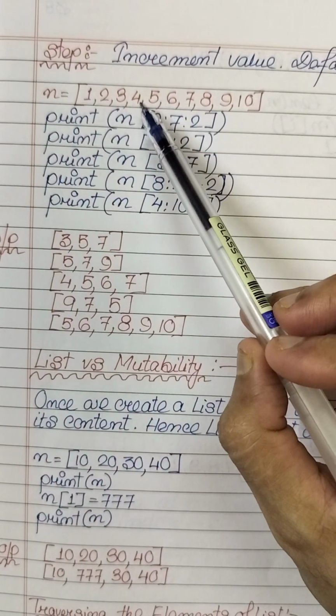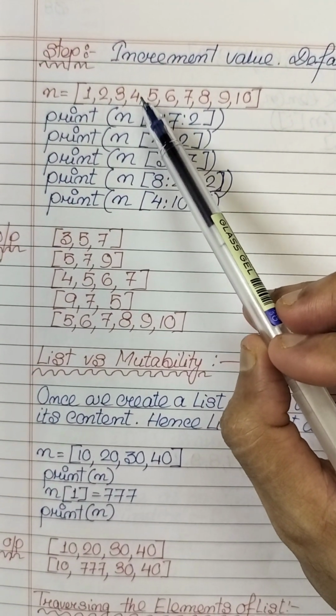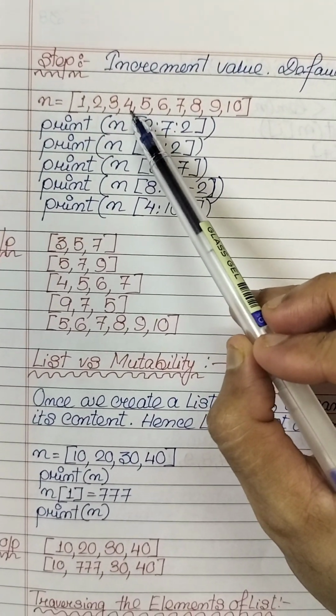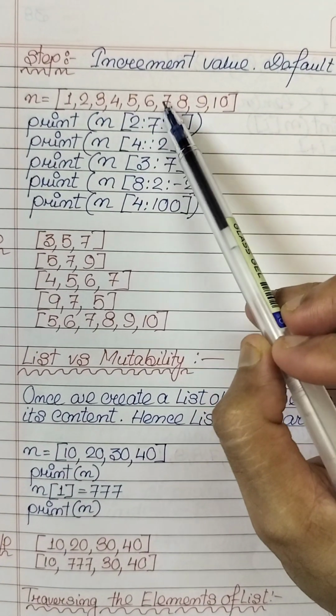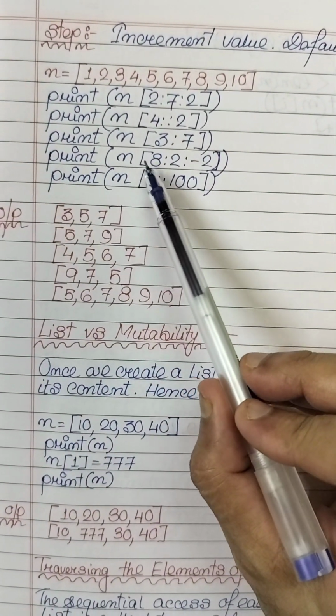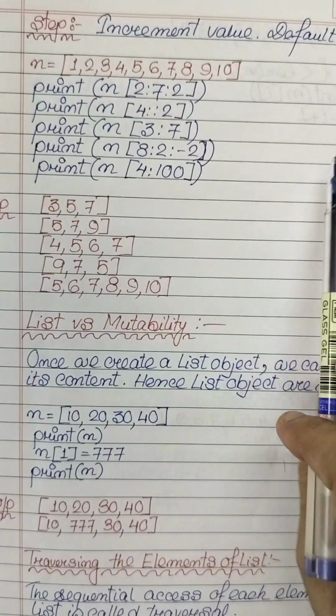So it will start from 4 because it is the position of 3. 0, 1, 2, 3. This is the 3 position. 4, 5, 6 and 7. These are printed.